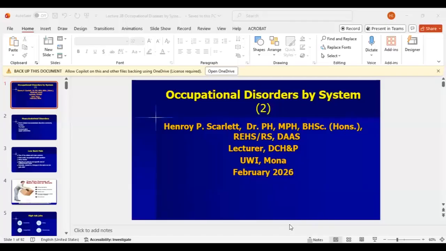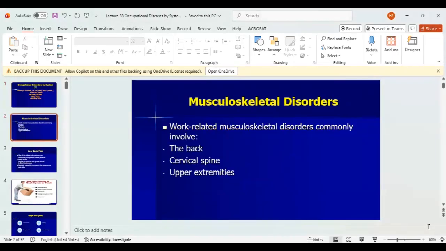All right, so there are other important organ systems which can be impacted by occupational exposures. So if we look at the musculoskeletal system, there are a number of musculoskeletal disorders that may involve the back, the cervical spine, or the upper extremities or the hands.